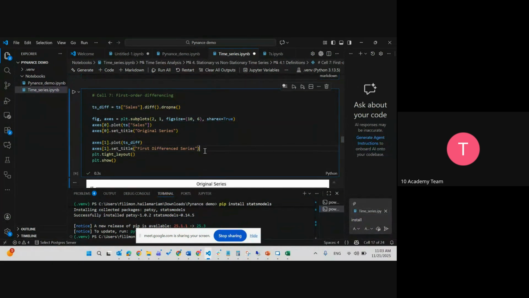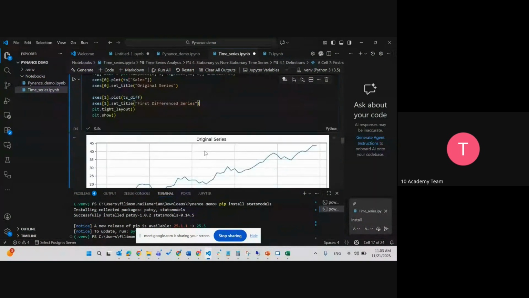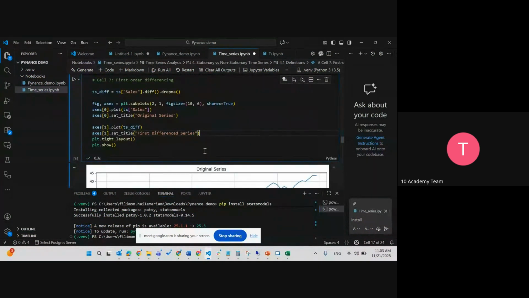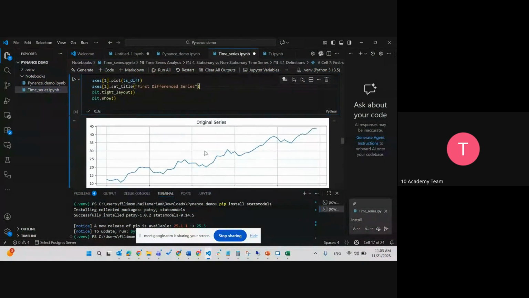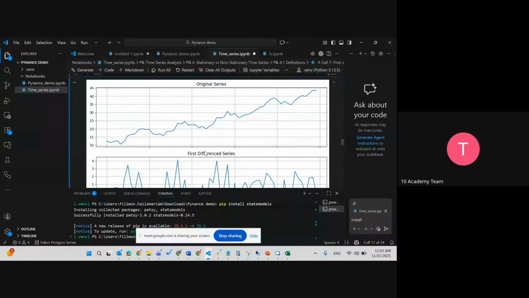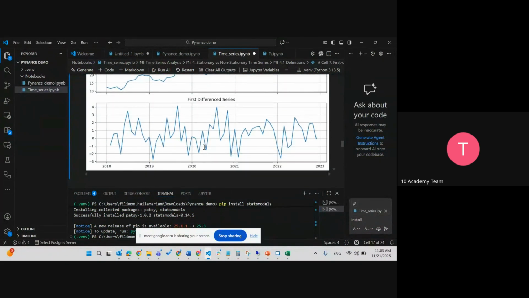First-order differencing: like I mentioned, you need to separate the data from the trend and seasonality, and get a stable series before doing any modeling or future forecasting. This is the original series. Then the first differenced series after we do differencing.